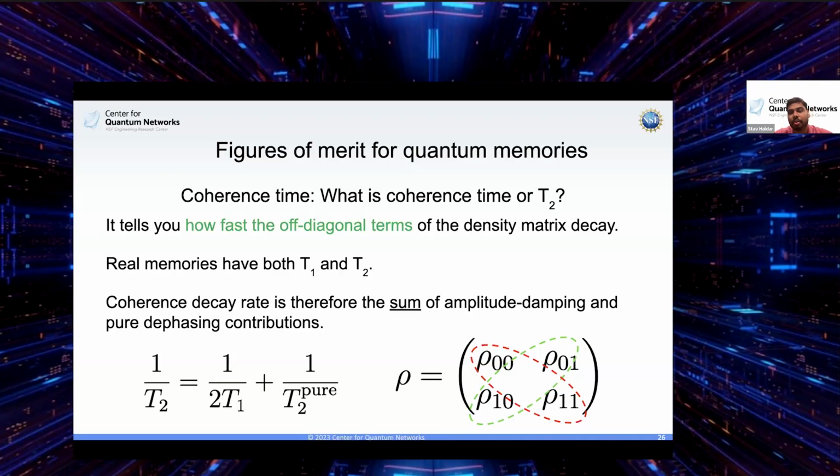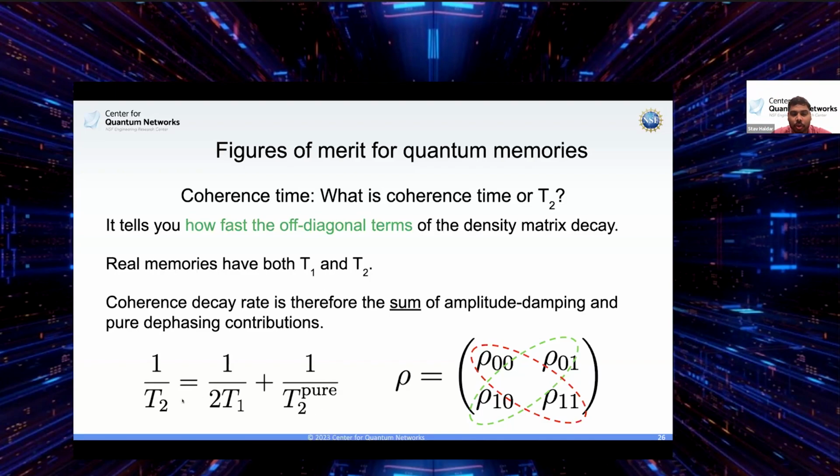And if you remember from the T1, T2 model, it's not just T2 which changes the off-diagonal elements directly. That's absolutely true. So that's this T2 pure. But the T1 noise, which just relaxes from 1 to 0, also changes the off-diagonal elements because of this population change. And it turns out, if you do this carefully, that effect is twice as large as the effect of the direct phase flip.